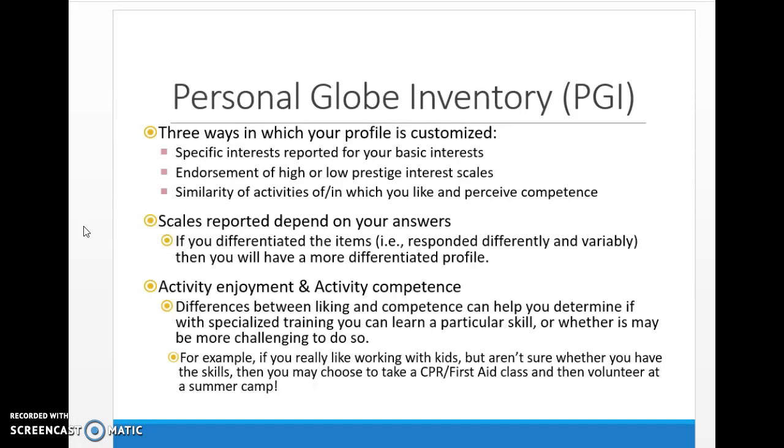And as you will notice when you're doing the PGI assessment, it asks you what activities you're interested in and also what activities you feel like you're good at. So usually those are pretty correlated, but if they're really different from each other, you will also get another line on your basic circle. Alright. So that can tell you something about your results.